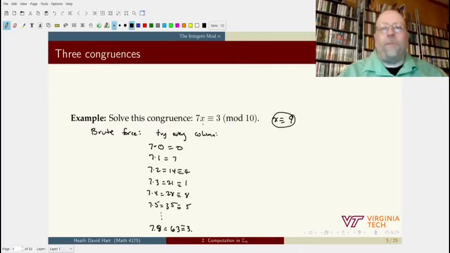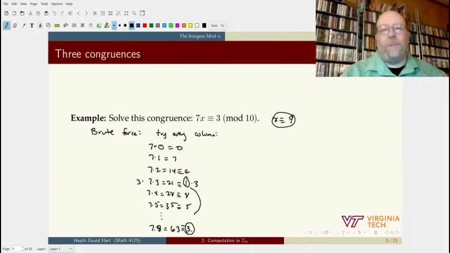Now, there's a couple of ways we could speed that up. I'm looking for the answer that gives me 3, but once I find the answer that gives me 1, that 7 times 3 gives me 1, then I could multiply both sides by 3, and then on the left side I'll have 7 times 9, and on the right hand side I'll have 1 times 3.